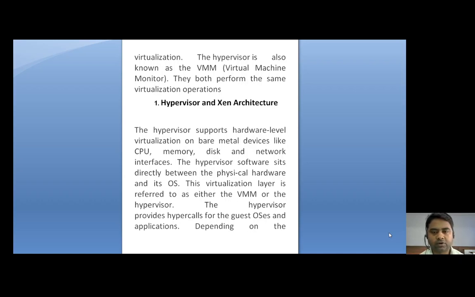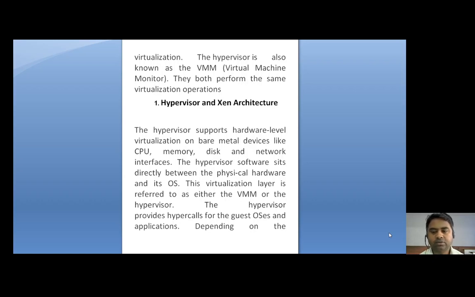The first one is the hypervisor and Xen architecture. If we talk about the hypervisor, it supports hardware-level virtualization on bare metal devices like the CPU, memory, disk, and network interface.